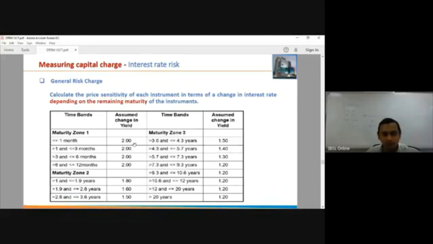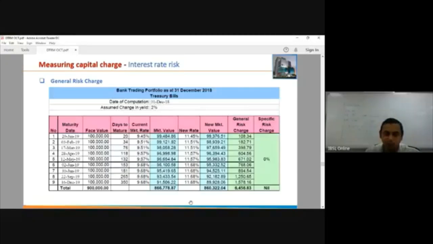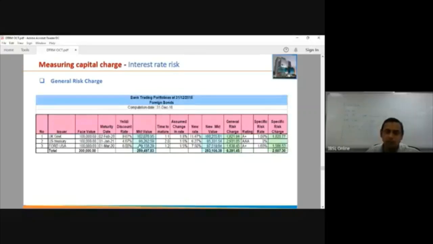This table is same. So you can easily do with the number of days. But bonds, when you go beyond 12 months, the Basel table is given in years. So 1.9 years. This is not in days, not in months. So this is in years. All these are in years. Therefore, we need to compute the time to maturity in years.